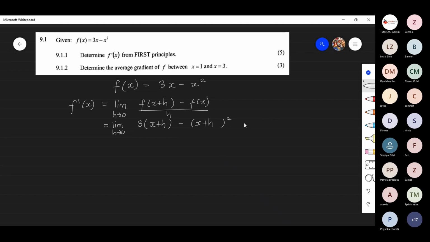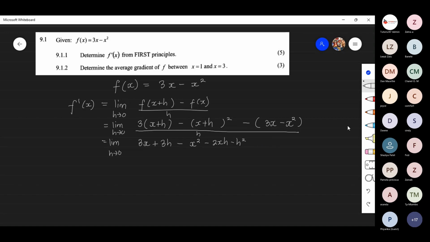Now we're going to subtract f of x, which is 3x minus x squared, and that is all over h. Now from this point, we bring down our limit as h approaches 0, and we simplify our numerator, which is going to be 3x plus 3h minus x squared minus 2xh minus h squared.